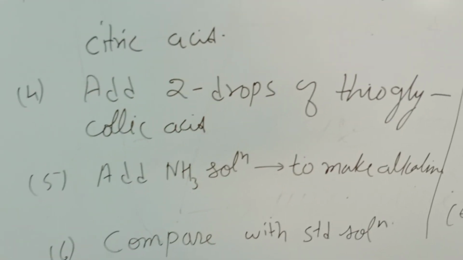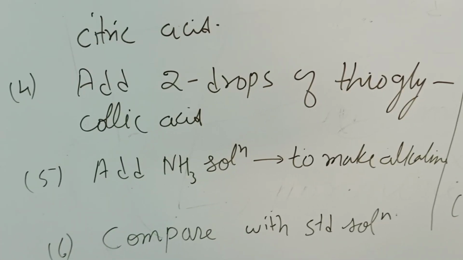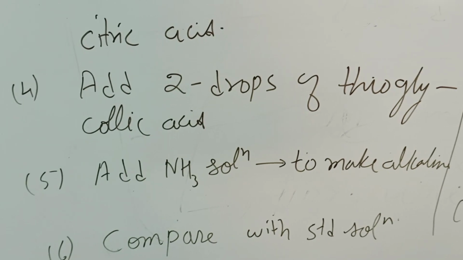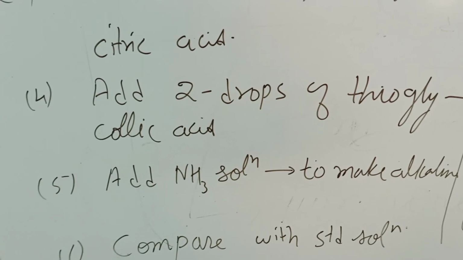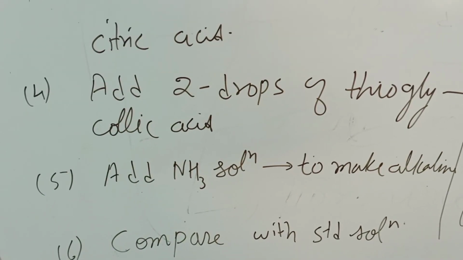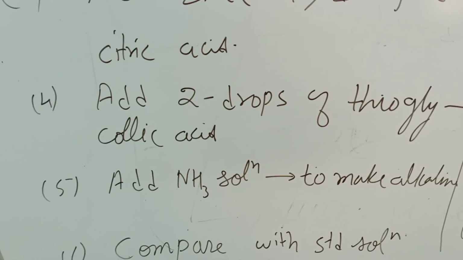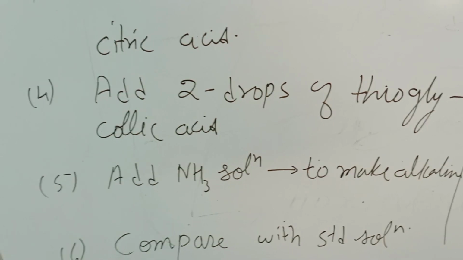So our sixth point is to compare the color produced by the iron present in the sample with the standard solution. How we will prepare a standard solution, I will let you know.